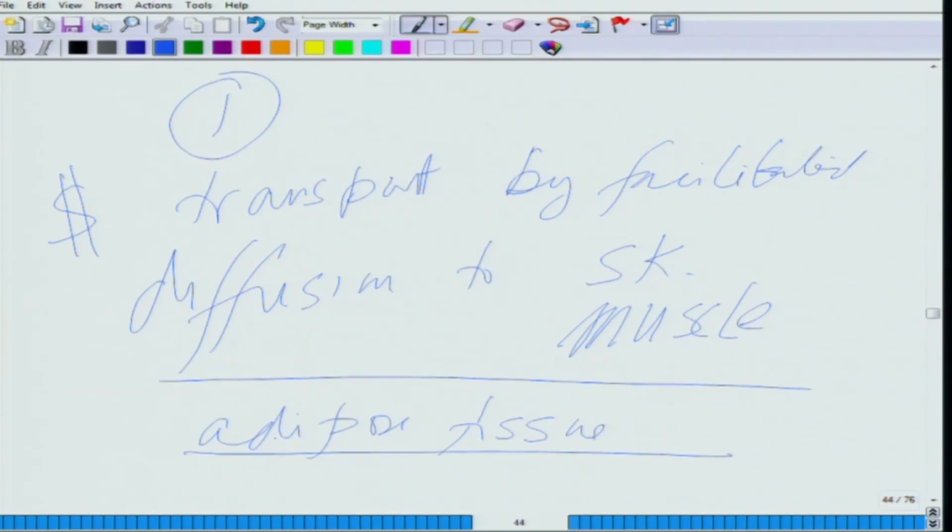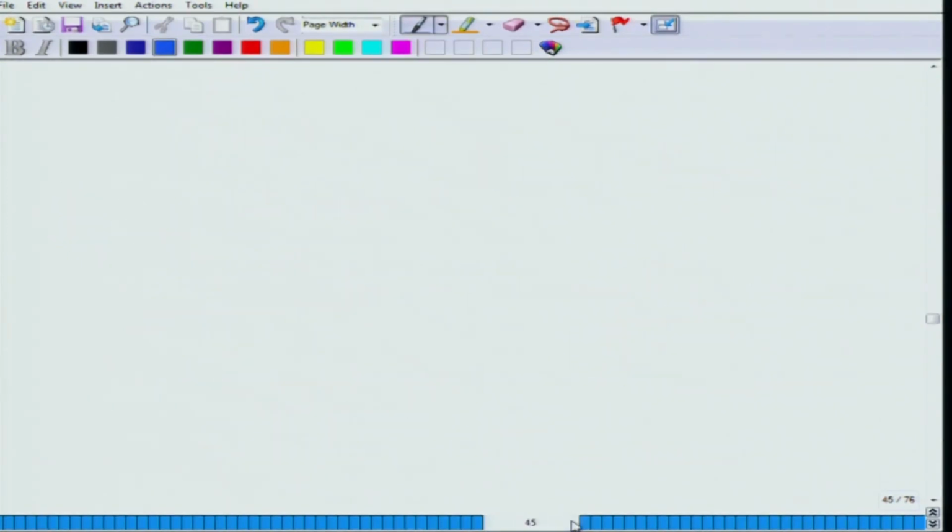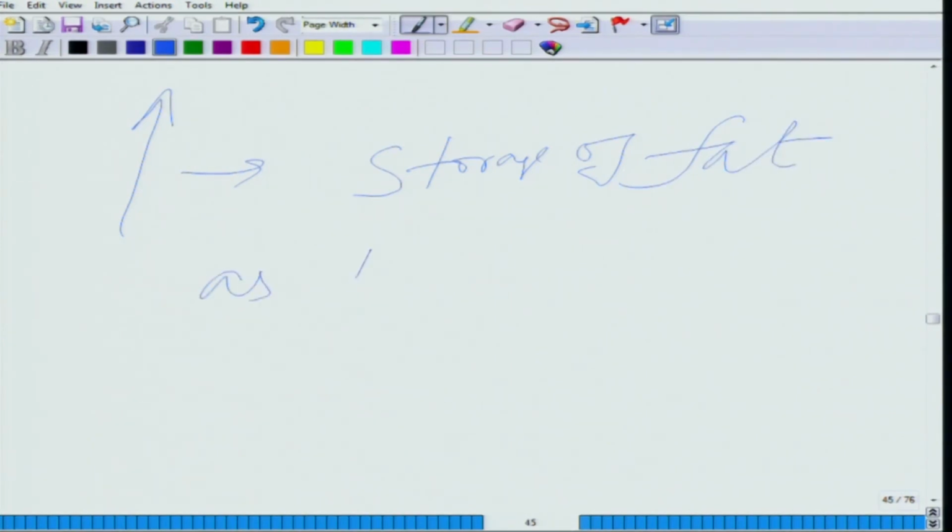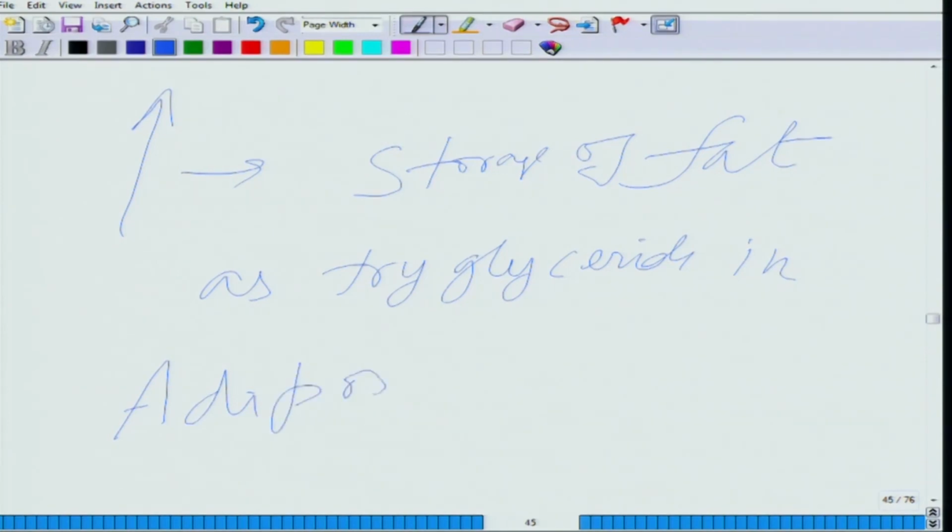And insulin also increases the storage of fat as triglyceride in adipose tissue.